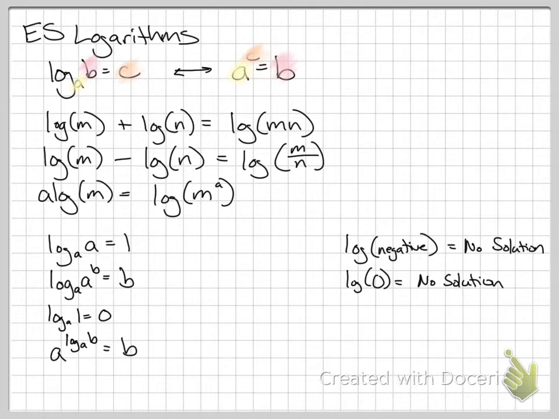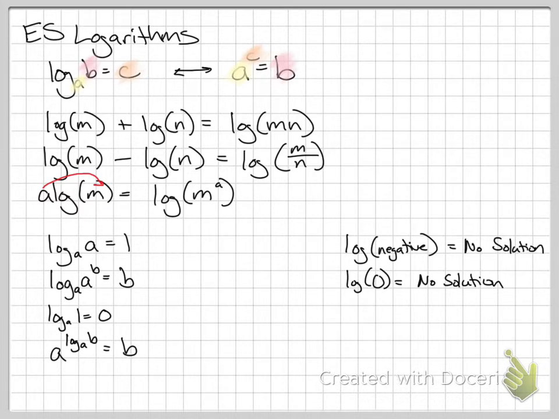And if you have a times log of m, you can float that up and it becomes the exponent on the m itself over here, and it becomes log of m to the a power. All of these log properties work both directions. Often we are condensing, but there might be a time where you are asked to expand as well, and you'll need to go backwards.